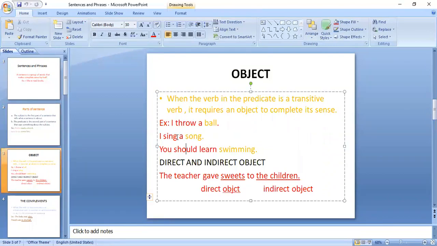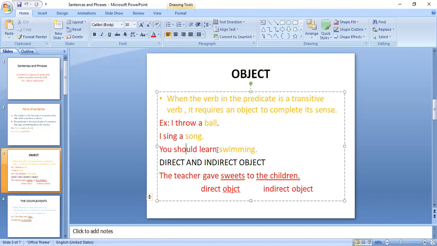Like that, I sing a song. I can say I sing, but I sing a song is more clear. One more example: you should learn swimming. If I say you should learn, you can ask what should I learn, ma'am.